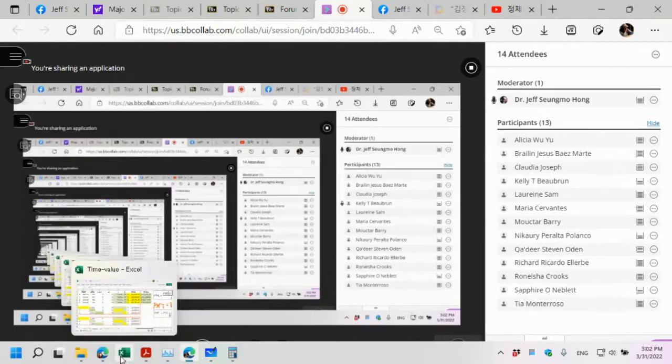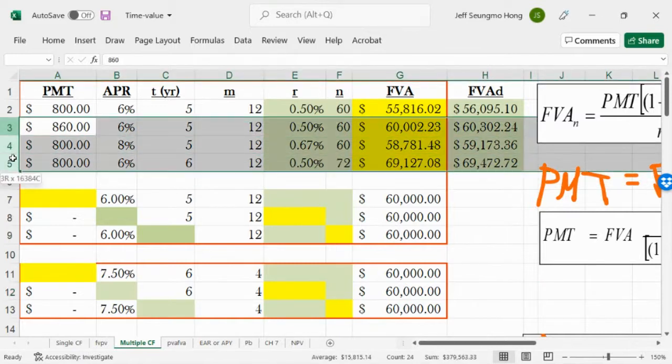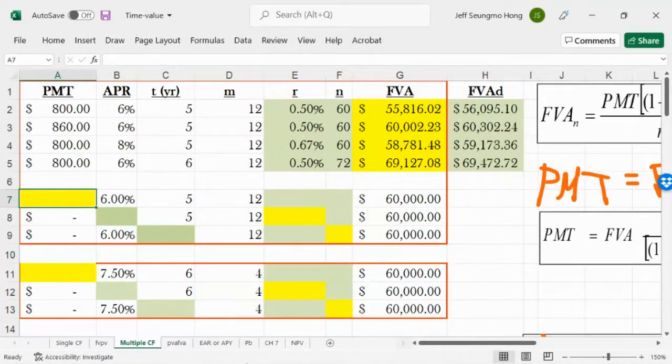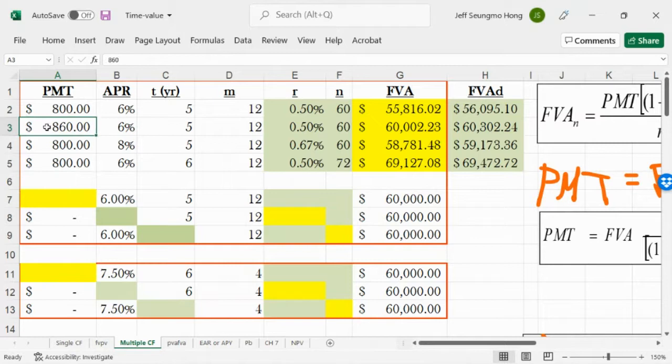So we now know basically how to use this formula, right? And we applied it to evaluate alternate strategies. This can be done in a single second. That's the beauty of Excel. Next, our question was $860 every month.